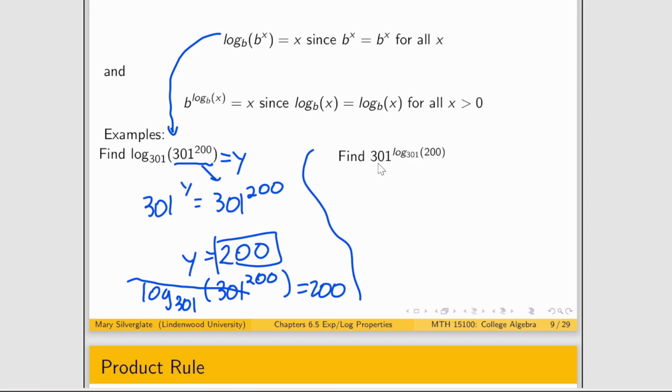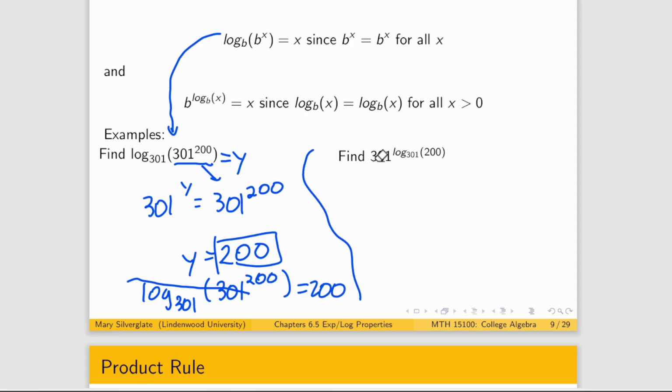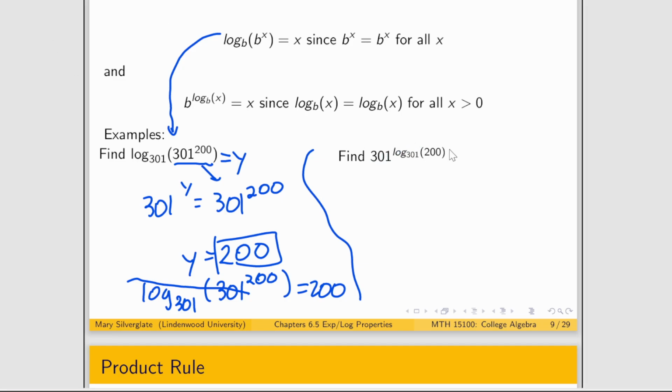And it works the other way around as well. If I notice that I have a log inside the exponent with the same base, that also cancels out to just leave you with that other number. But let's again go through why that is. Here, if I wanted to convert this to a logarithm, I would have log of the same base 301 of the output, in this case y, is equal to the input, which is this entire phrase, because all of it's inside the exponent.